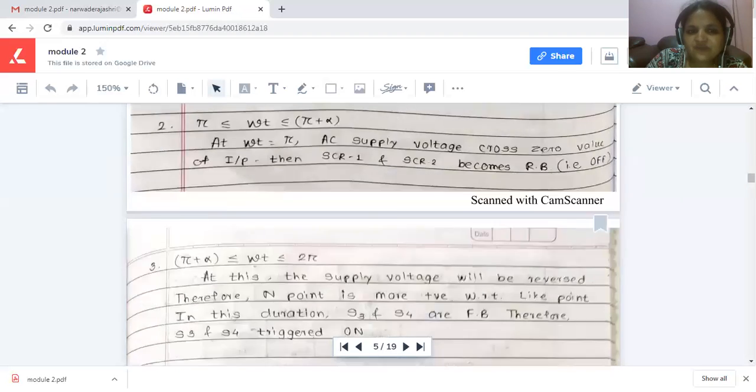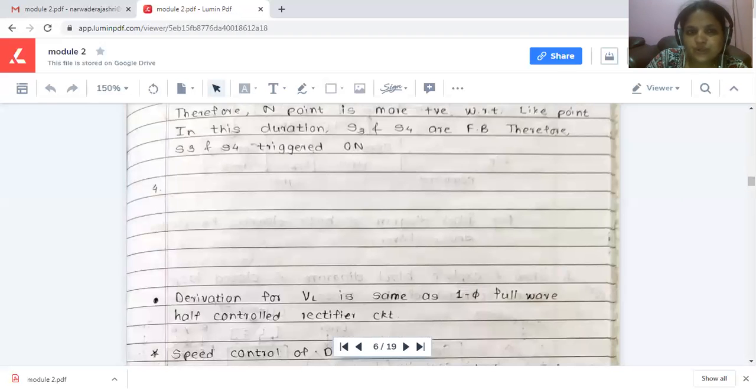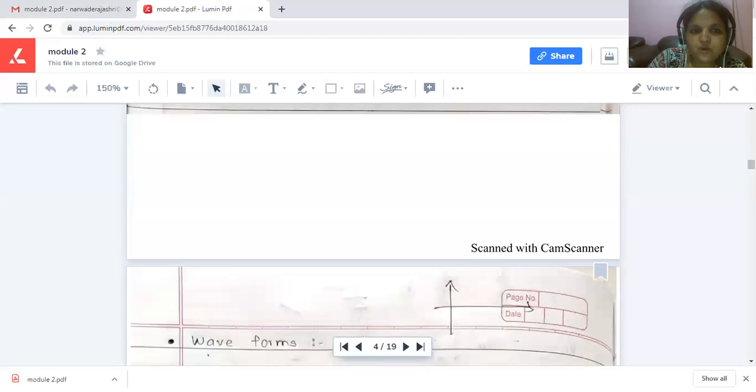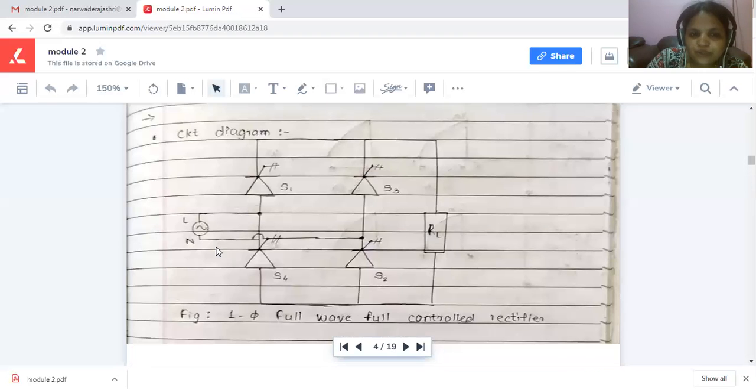And next, when the neutral point is more positive with respect to the live point, the current path will be from the neutral point through SCR4, the load resistance, SCR3 and to the live point.